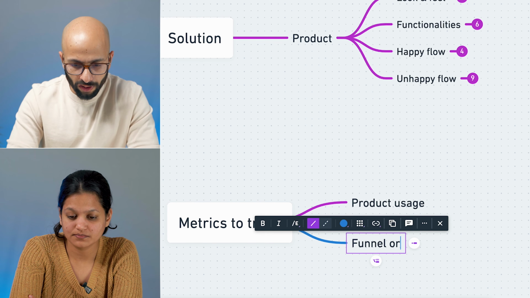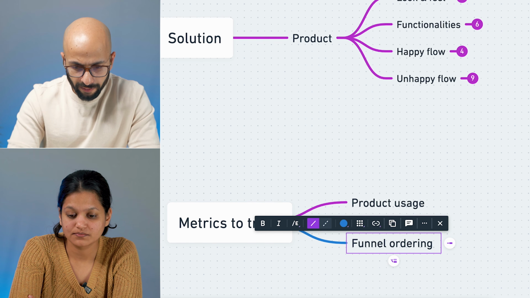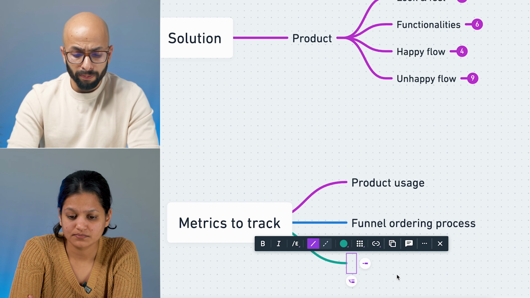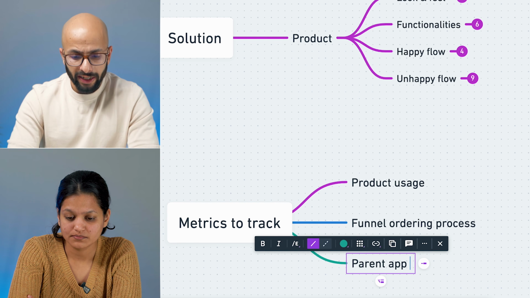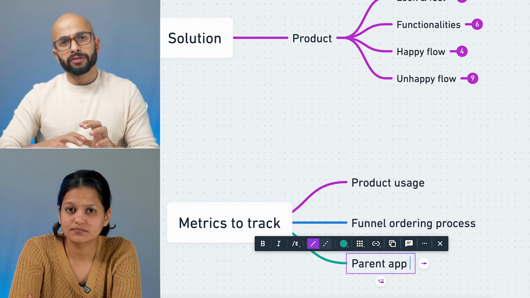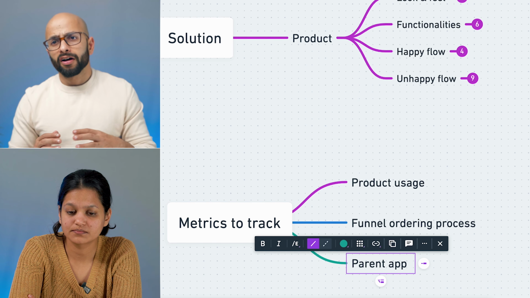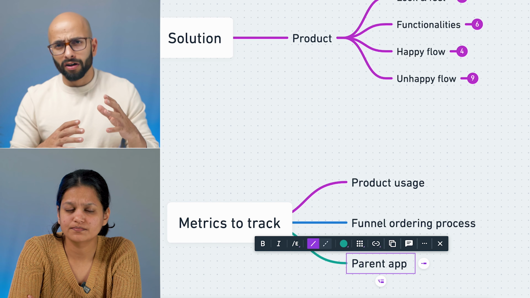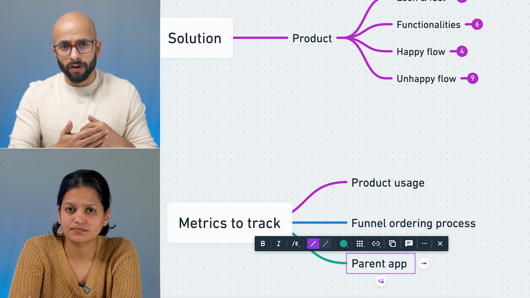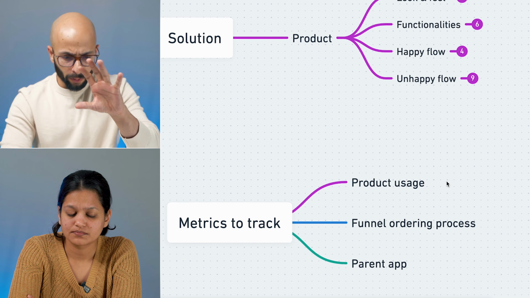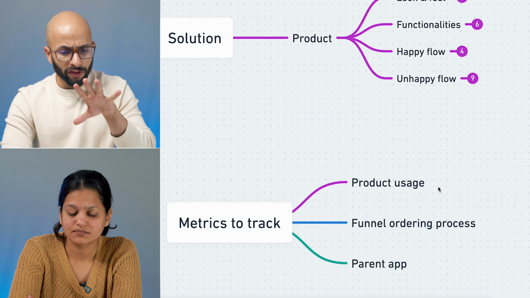So funnel ordering process, right? The other thing is on the parents app, right? So how many parents are using the tracking mechanisms? What are their behaviors there? Is the joint account being filled or topped up properly? Are there some lapses there? So that's my approach on why I would want to track these kinds of themes.